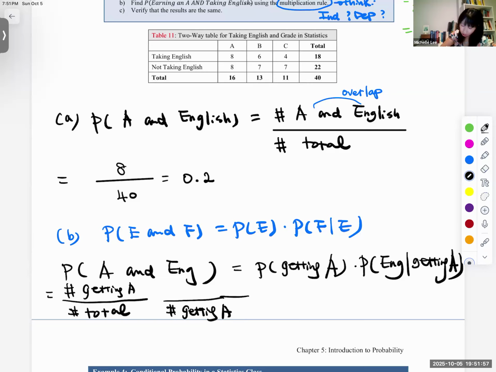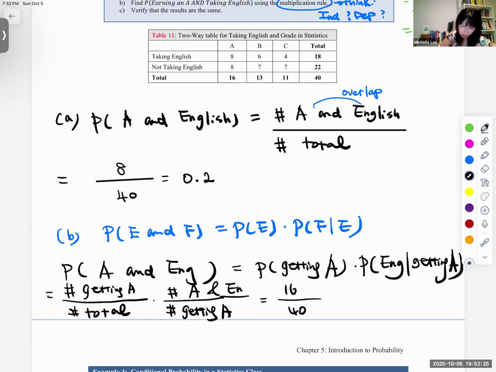And then the overlap, right? The number of getting A and English overlap, right? All right, so what's the total in that case? It's 40. Getting A, which is 16. 40 here, 16 there, right? A, right? Okay, 16.